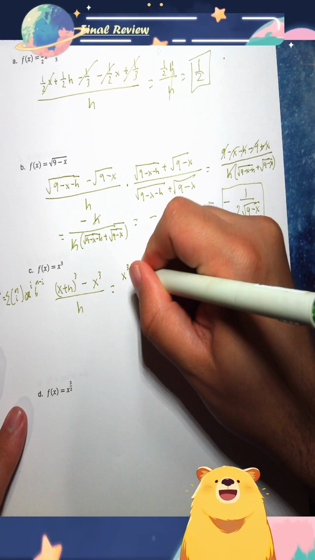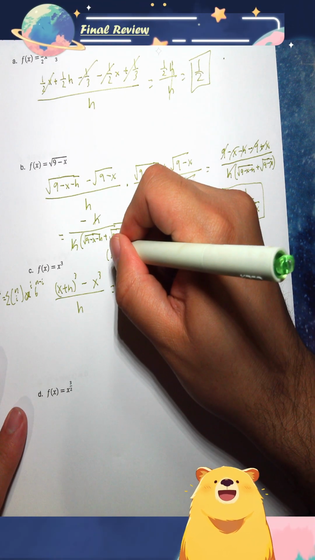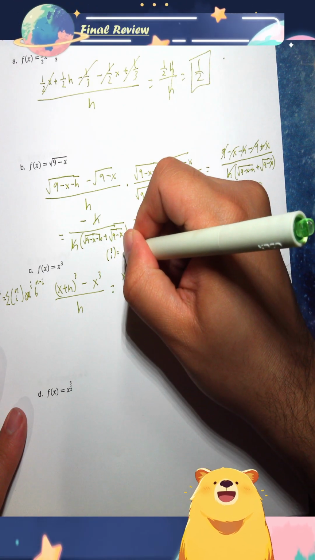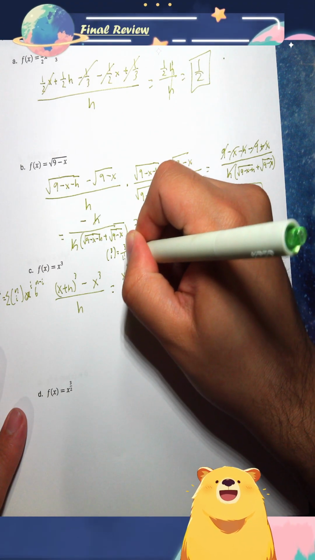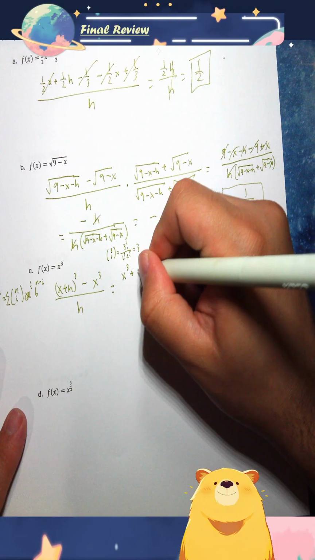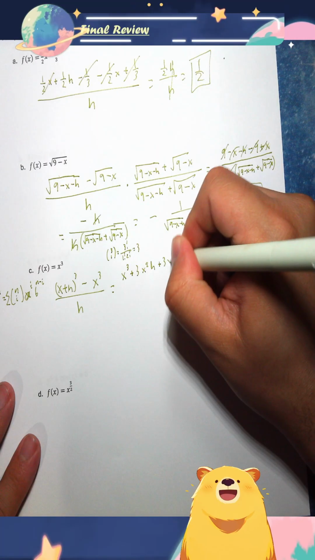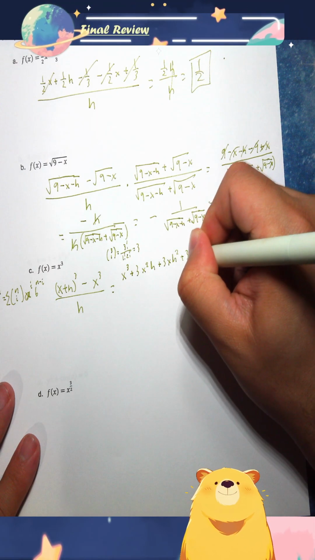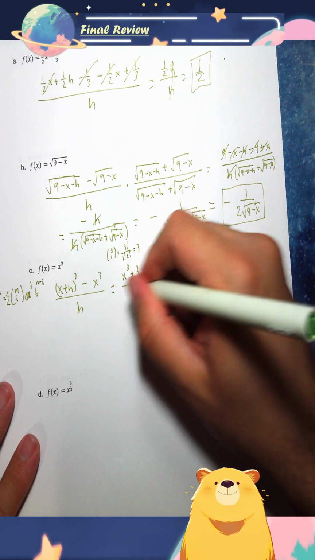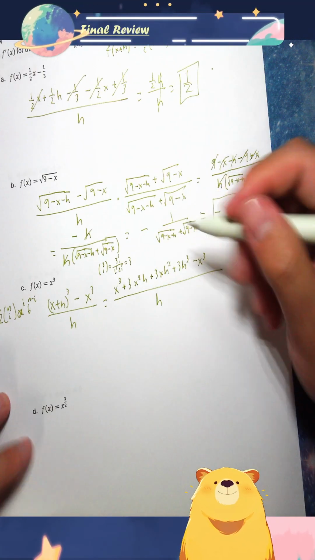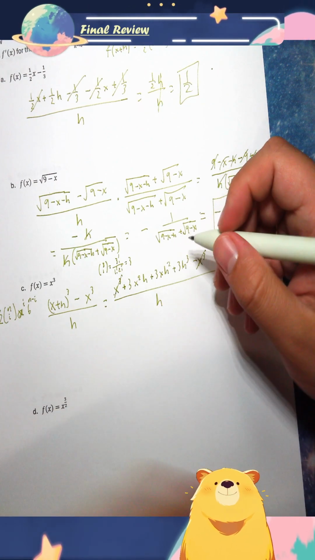x to the power of 3 plus, what is it? 3 choose 1 is 3 factorial over 1 factorial times 2 factorial. Yeah, so it's 3. So 3x squared h plus 3x h squared plus h cubed minus x cubed over h. These guys would cancel out.